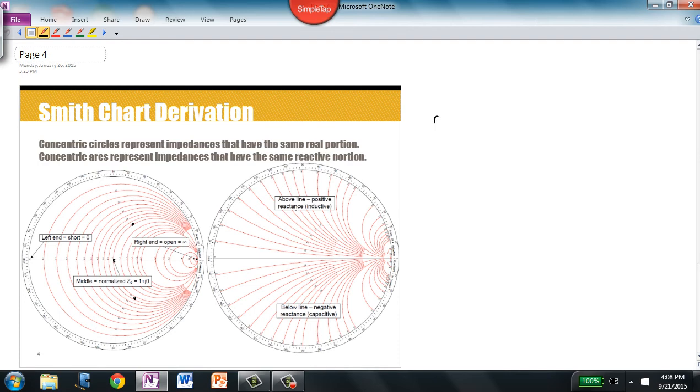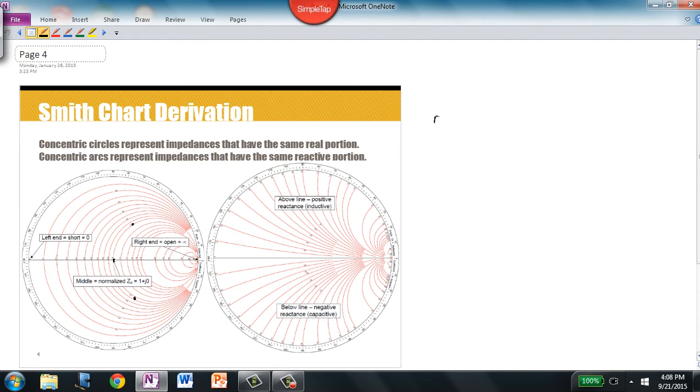Also on the Smith chart, the imaginary part of an impedance is represented via a series of concentric arcs. Arcs that occur above the real line represent positive imaginary components, and arcs that occur below the real line represent negative imaginary components.